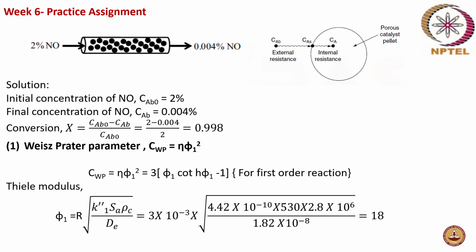The Thiele modulus value is 18, which is very high. That means with a very high Thiele modulus, the internal effectiveness factor can be taken as 3 by phi 1. So 3 by phi 1 is nothing but 3 by 18, which is equal to 0.167.